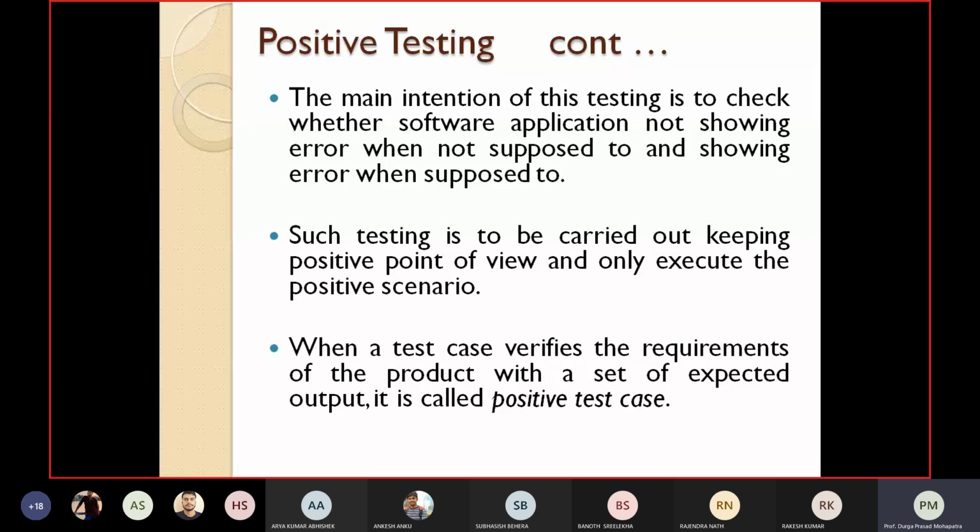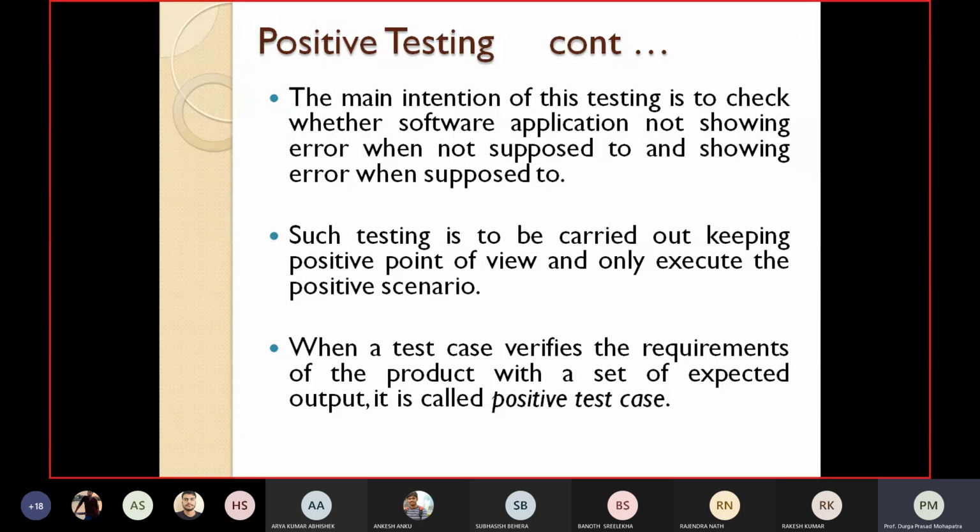So the objective of positive testing is that you should check whether the software is showing an error when it is supposed to, for which input values it is supposed to show an error message, and for which input values it should not show any error. For those values it should not show an error, and actually it is not showing.